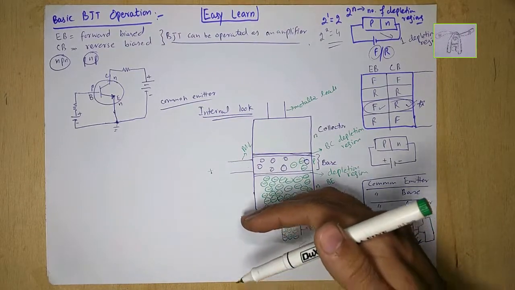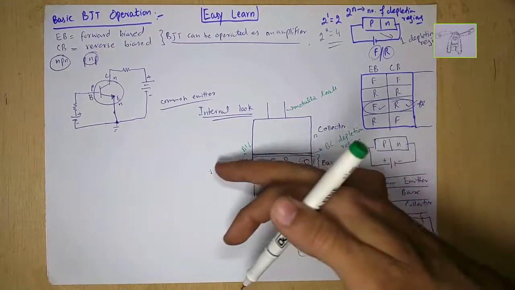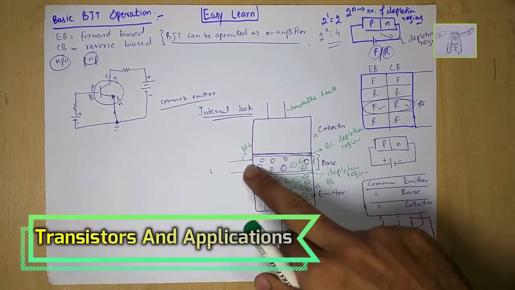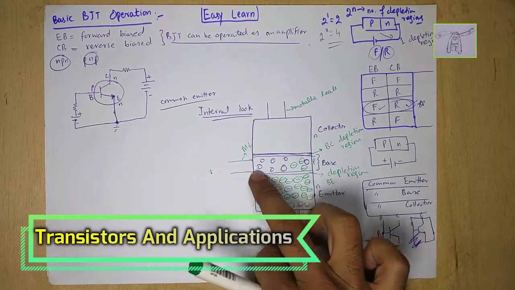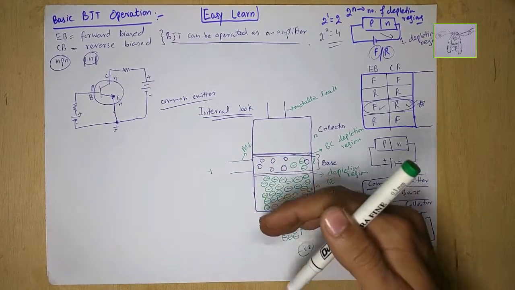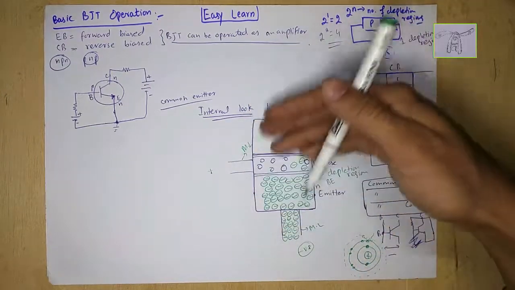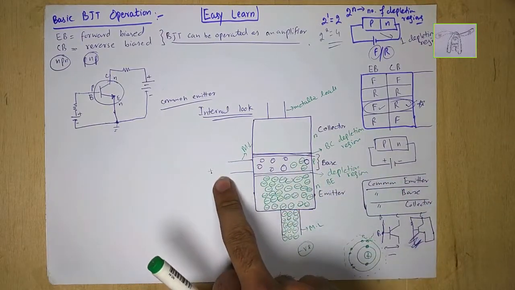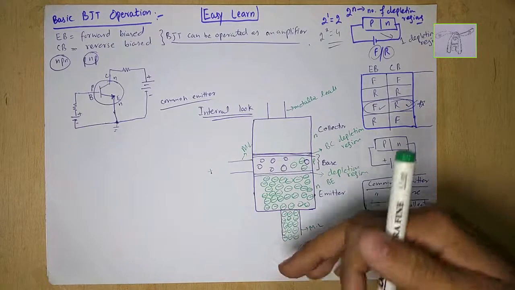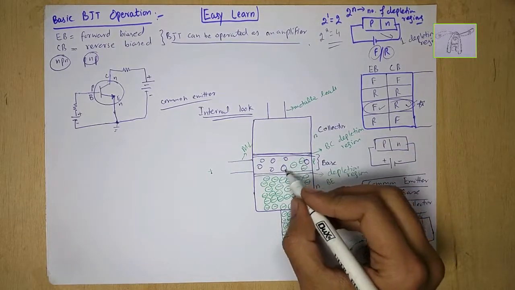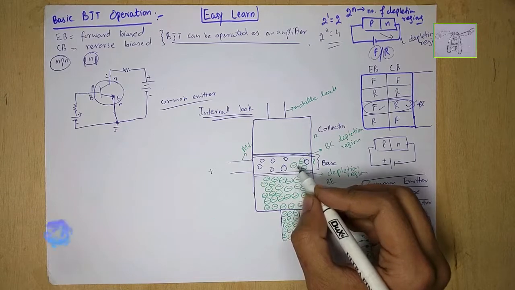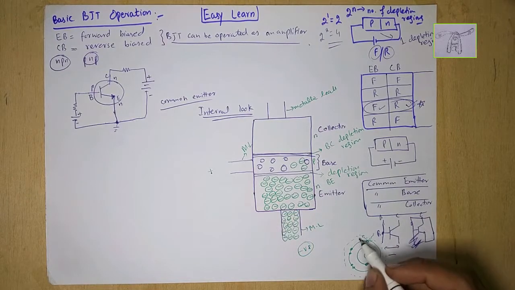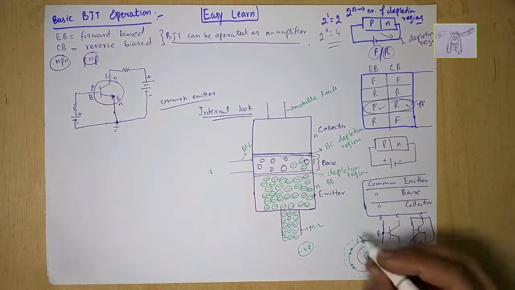Most of the water will continue to pass through, and only a very little goes out through this very thin path. Very few electrons will go through this path from the base region. Most of the electrons cannot recombine with the holes. The few electrons that combine with the holes lose energy.